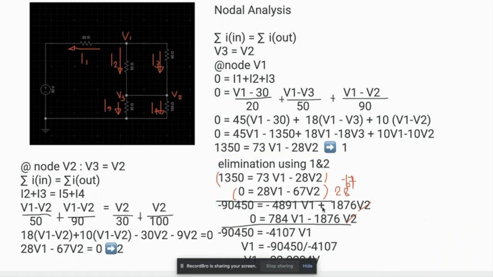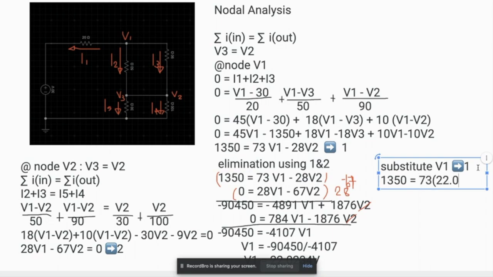Substitution method. Substituting V1 into equation 1, we will have the value of V2. So that means 1350 equals 73 times 22.0234 minus 28 V2.